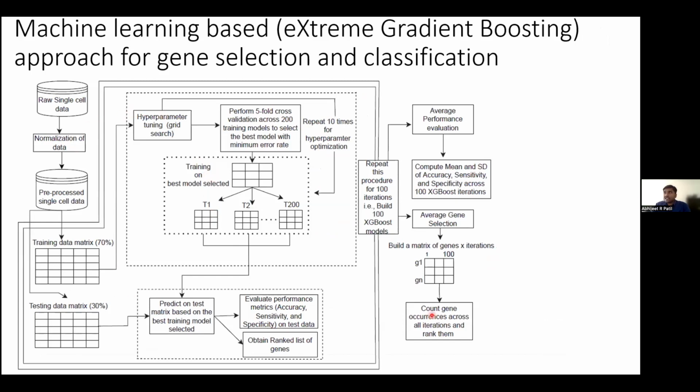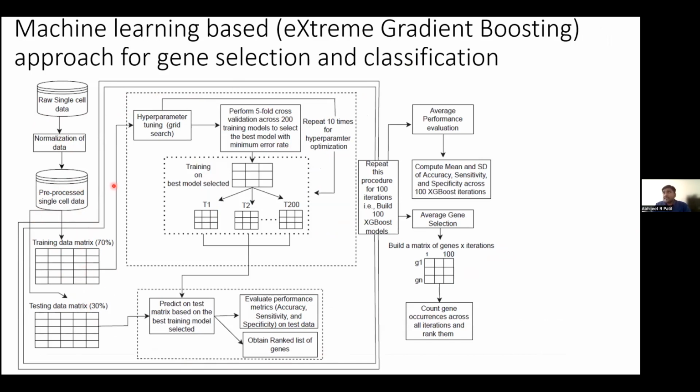So that's a typical workflow of the machine learning model. This is the complete architecture of our machine learning model, which includes both gene selection and classification. We get the raw data, normalize it, and split the data into 70% and 30% for training and testing.